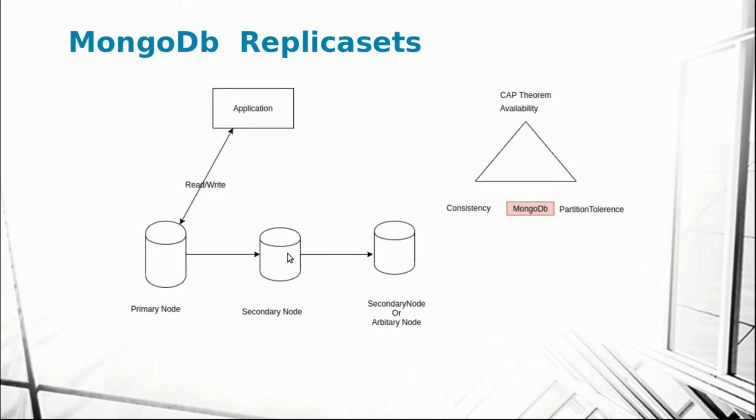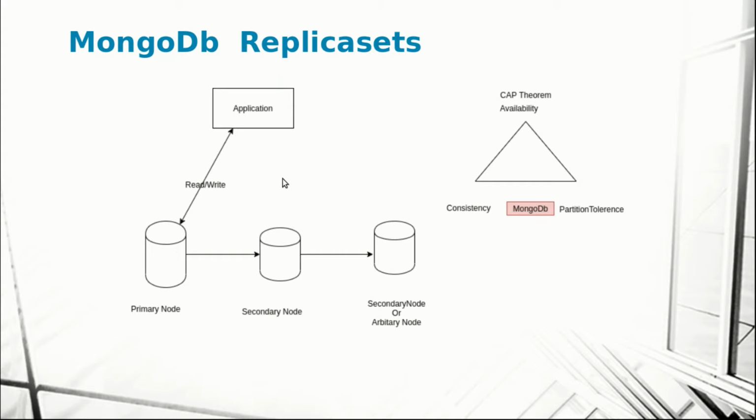Okay, and sometimes you may allow reads from secondary node based on the application. You can allow read from secondary node. So there is availability. So you can achieve availability for certain use cases as well, right? So your application, by passing certain parameters, can read from secondary node instead of reading from primary node.